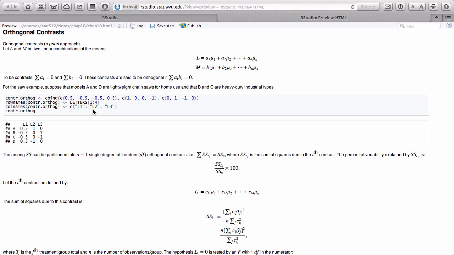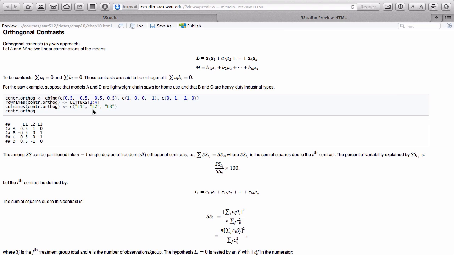That compares A to D, right? Because I got 0, 0. It zeroes out B and C. So it's just a plus 1 for A and a minus 1 for D. Remember, we're taking the sum of the c sub i's times mu sub i, so it's comparing mu 1 to mu 4, or mu A in this case to mu D. And then the next one is 0, 1, minus 1, 0. That's comparing B to C.